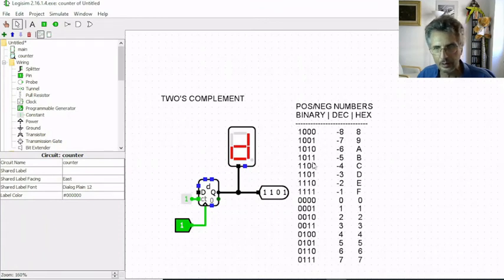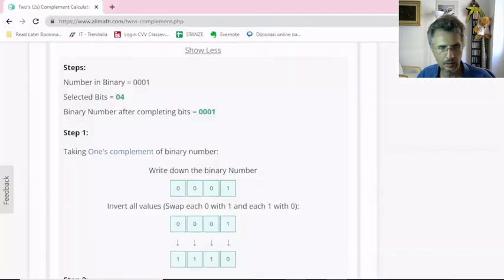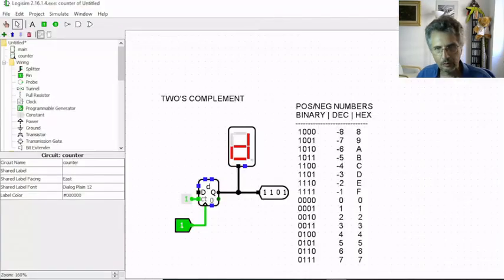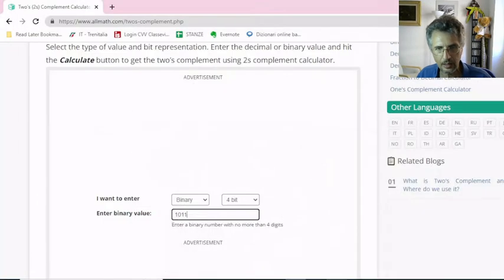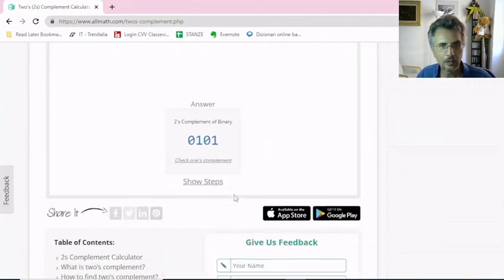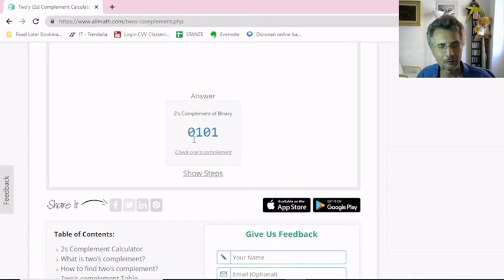I want to show you an interesting property of 2's complement numbers. For example, if we take the number representing minus 5, which is 1011, and I write it here, 1011, which is minus 5 in this notation, and if we complement it, we obtain the number 5.